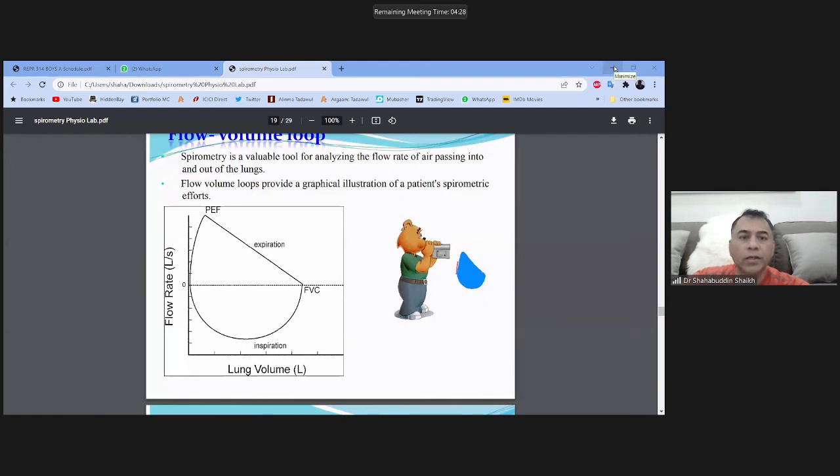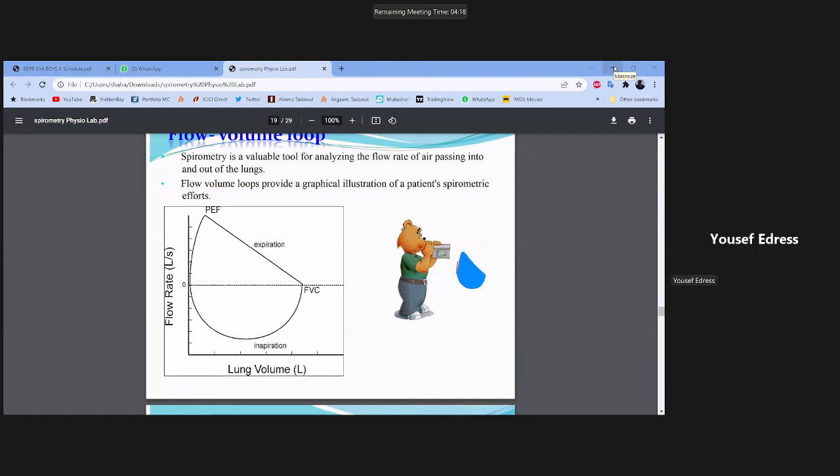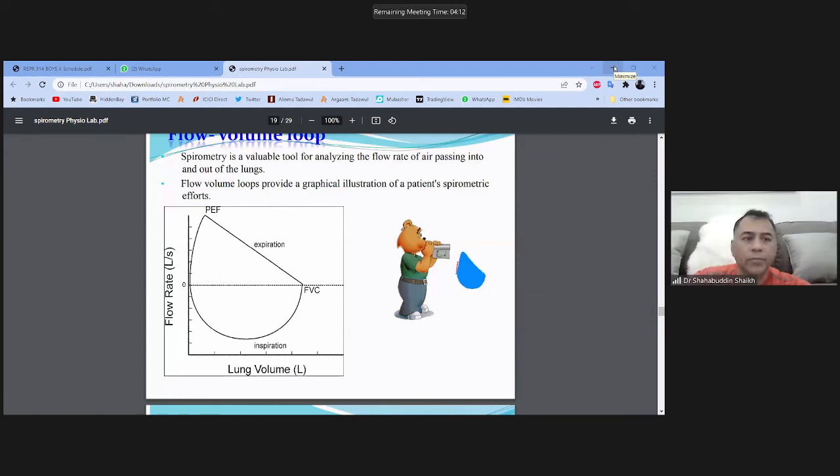What are you seeing on the screen now? Flow volume. It paused. The PowerPoint or PDF? What are you seeing? PDF. Somebody sent me another document.